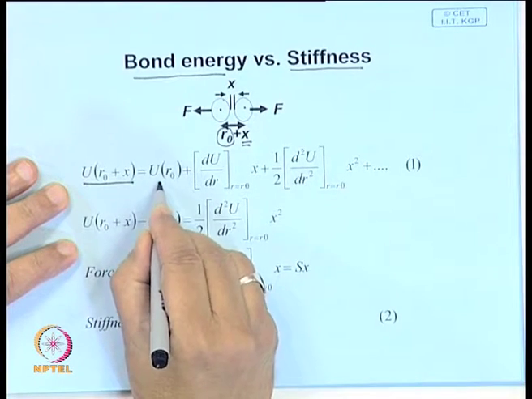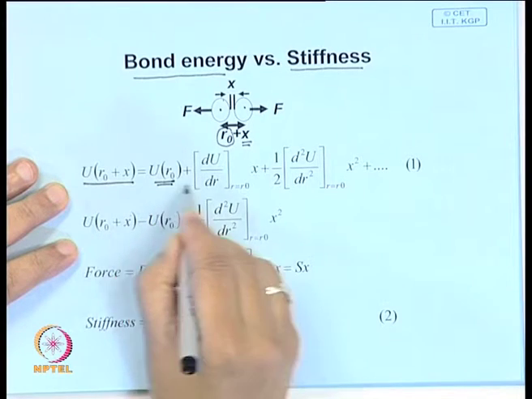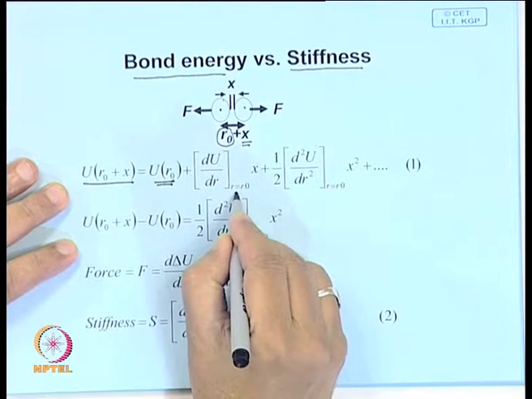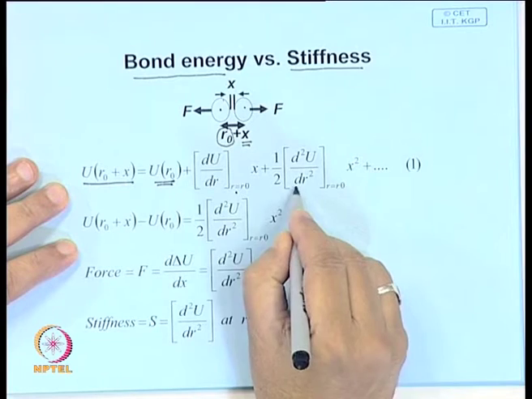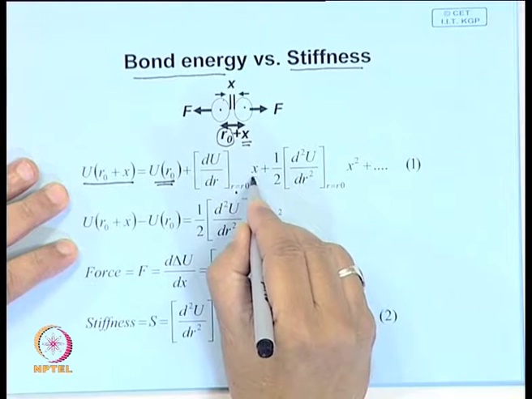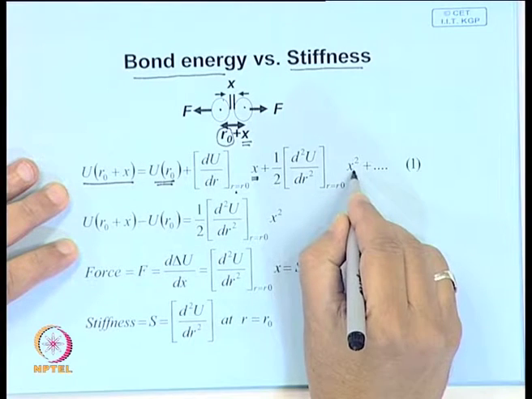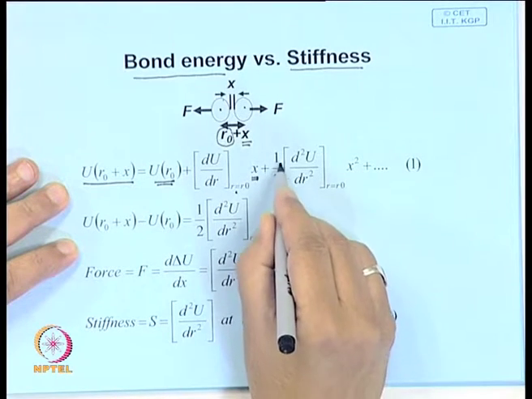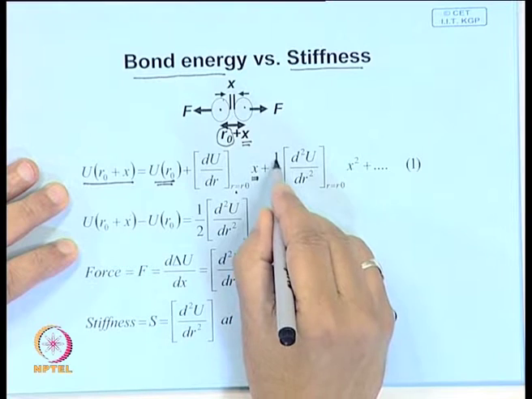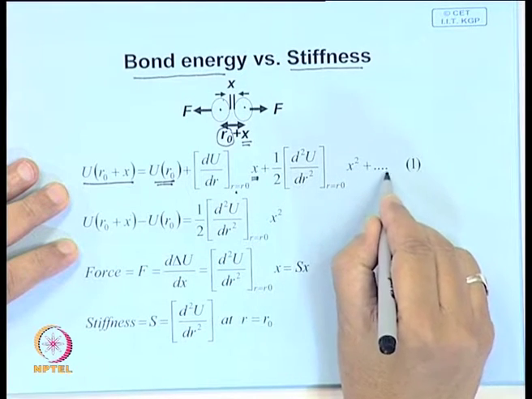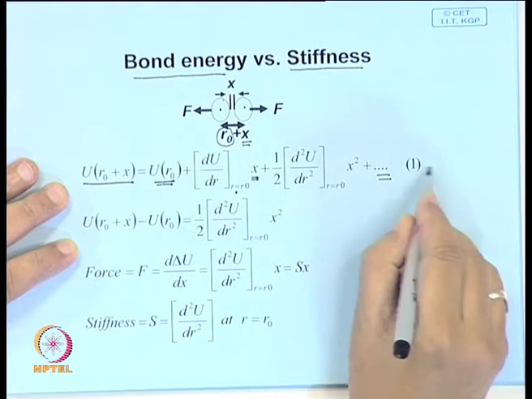So, this is the value of u at r naught, then the first differential at r naught times distance x, then second differential, then x square. There is a constant coefficient 1 over 2, and we can neglect that higher order term which is smaller.